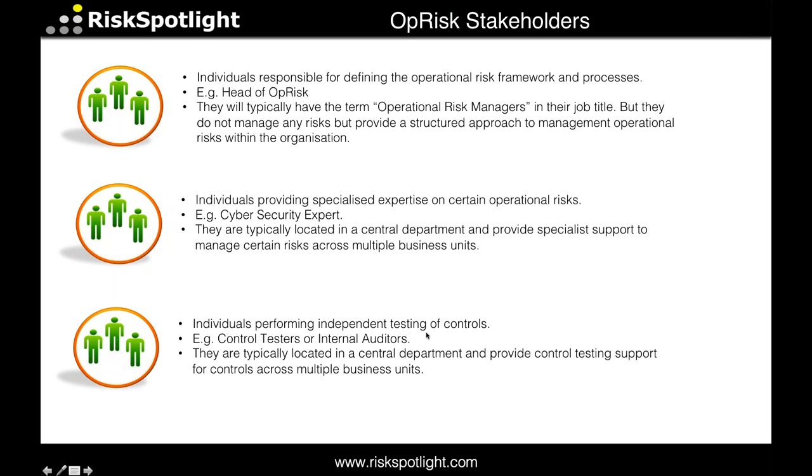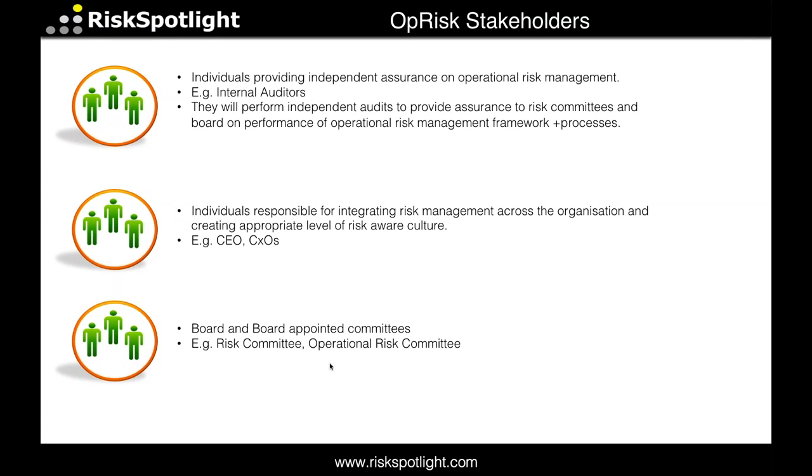It was done by internal auditors 4 or 5 years ago, but in the last couple of years, a lot of large organizations have been setting up independent control testing teams within the operational risk group, whose full-time job is just control testing. But in smaller organizations, internal auditors may still be doing this role. So it's again something which is in transition.